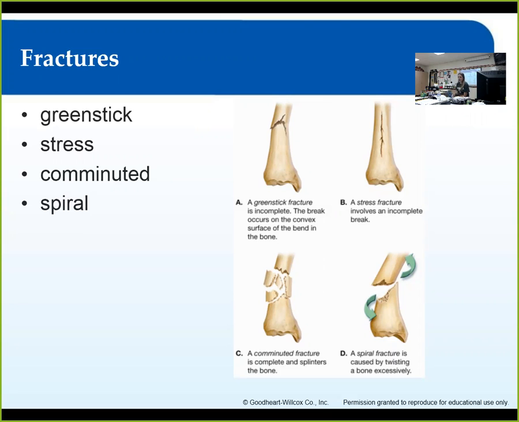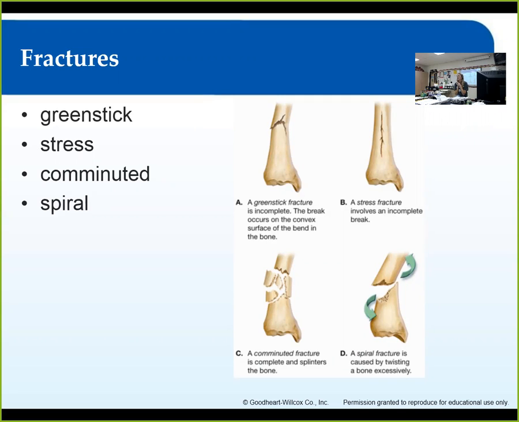A green stick fracture. Looking at it or in your book, why do you think that's called a green stick fracture? Because it looks like a tree branch. Yeah, it does. If you've ever picked up a limb that was still really green and you try to bend it, what happens?